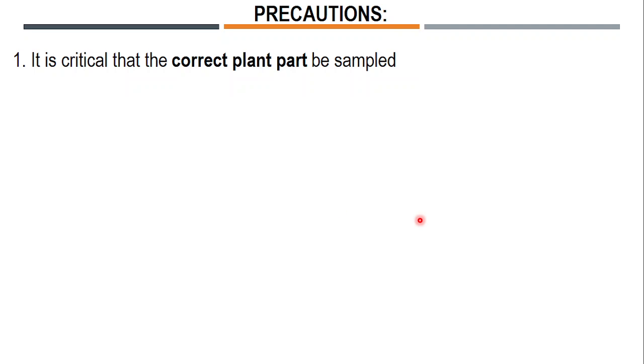There are precautions that we need to remember when we are going to conduct plant tissue analysis. The first one is that it is critical that the correct plant part be sampled. And every crop, iba-iba yung plant parts na recommended for plant tissue analysis.